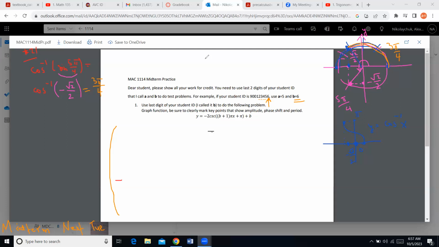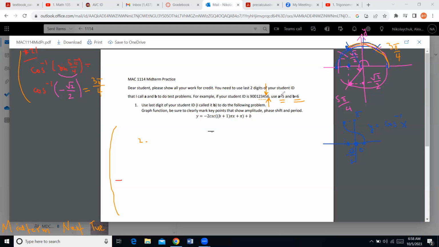So exercise number 1 will be using the last digit, and exercise number 2, analogous to the problem I just did here, as well as other exercises from this set, will utilize the digit prior to the last one, which in my example is called A, and it's like 5.